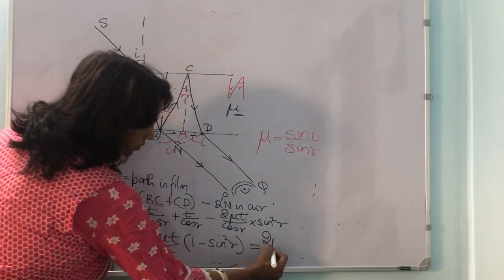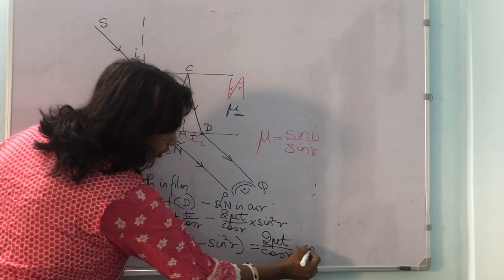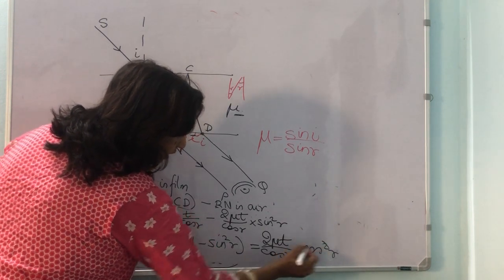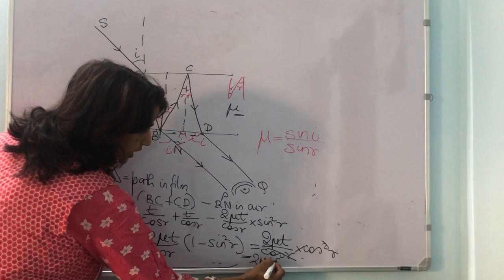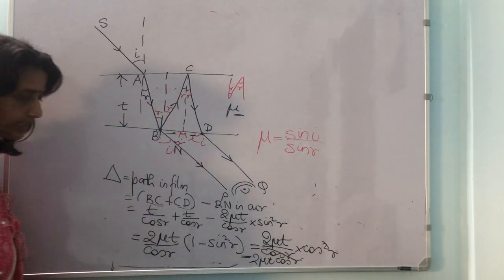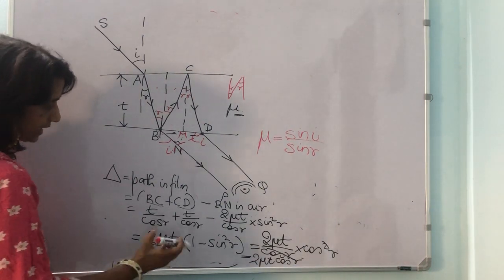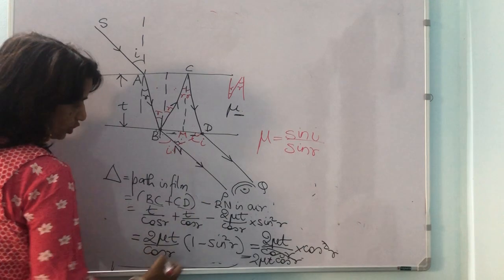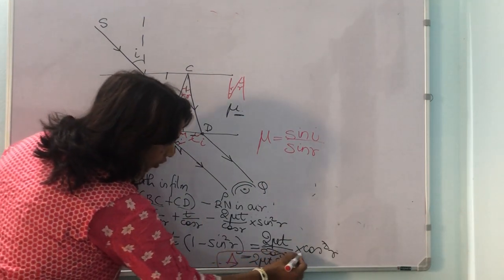So this becomes 2T upon cos R into cos square R. One cos R gets cancelled, and you are left with 2 mu T cos R. This is the expression for path difference in thin films, 2 mu t cos r.